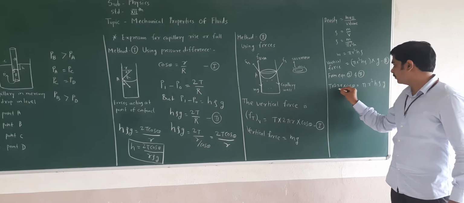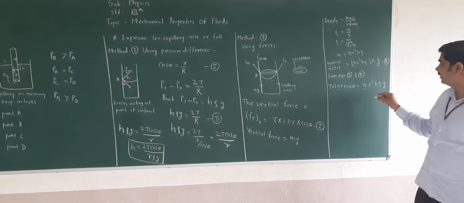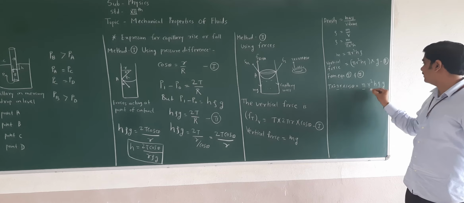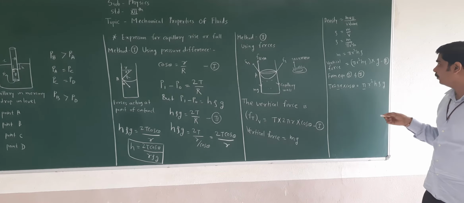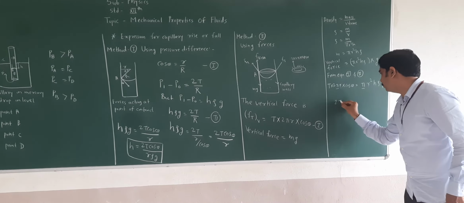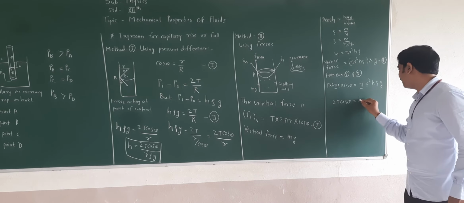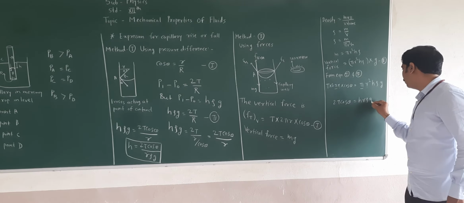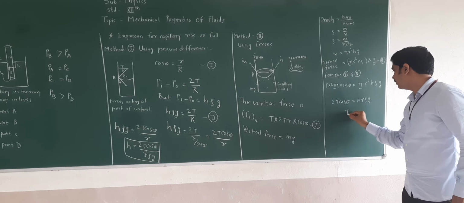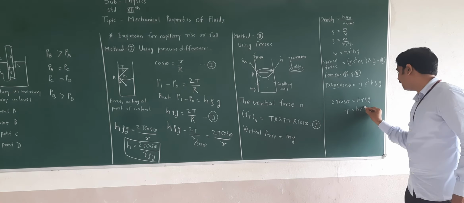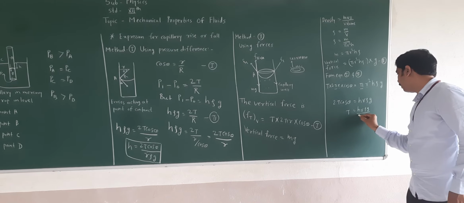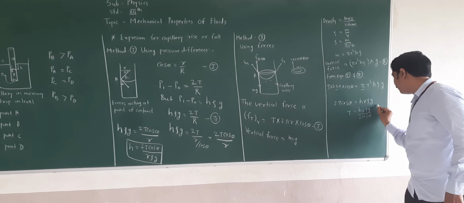Observe this equation carefully. Pi will be cancelled, one r will be cancelled. So we are getting 2T cos theta is equal to h r rho g. So T is equal to h r rho g upon 2 cos theta.